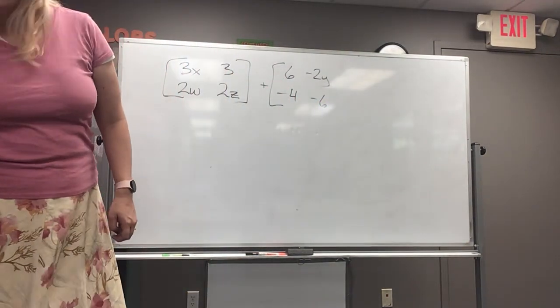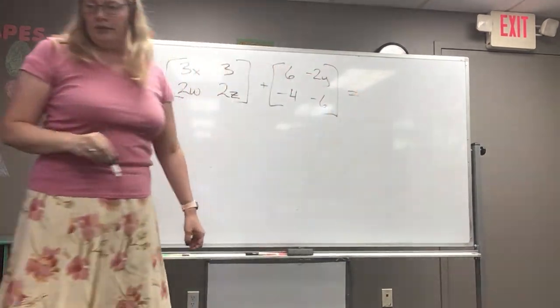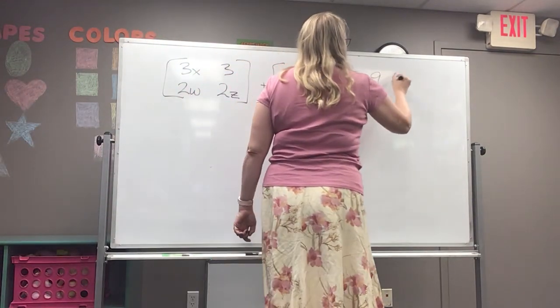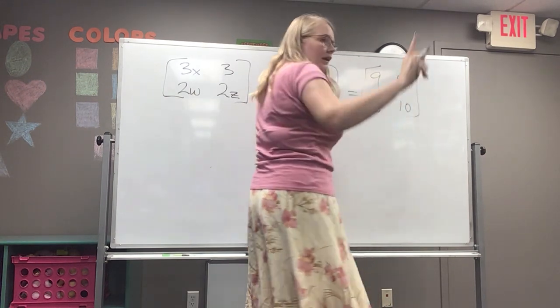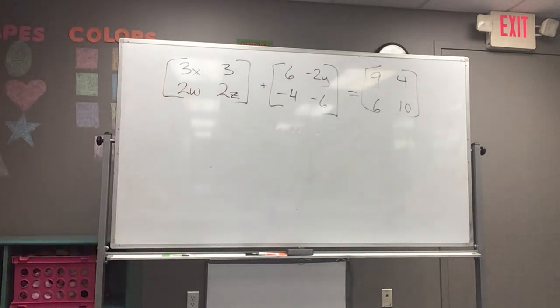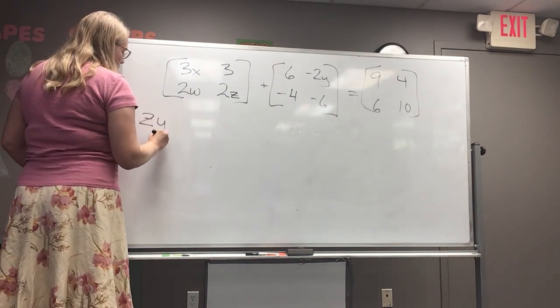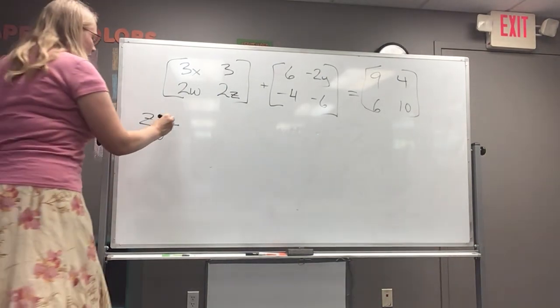Did I flip-flop those? No, I did that right. And this equals 9, 4, 6, 10. Again, I do not have great confidence in my copying skills, so if I've copied something down wrong, tell me now. And they ask us to find zy minus xw.